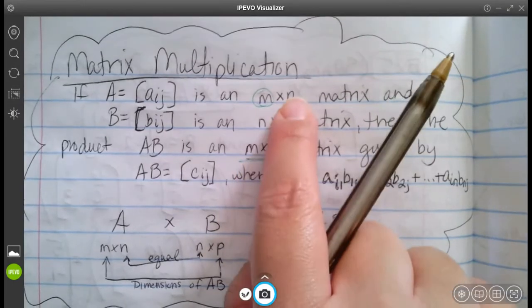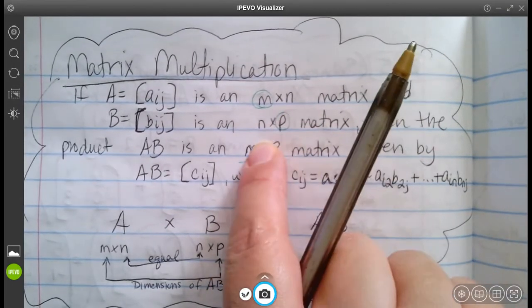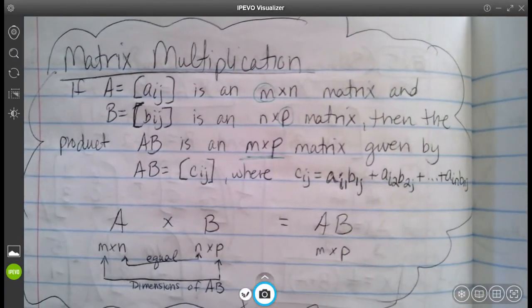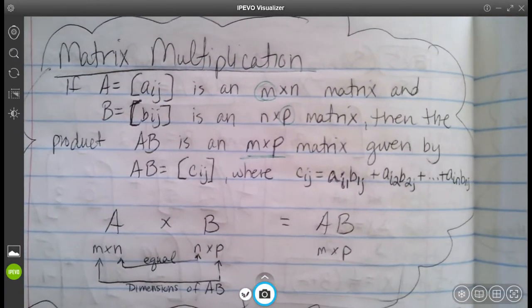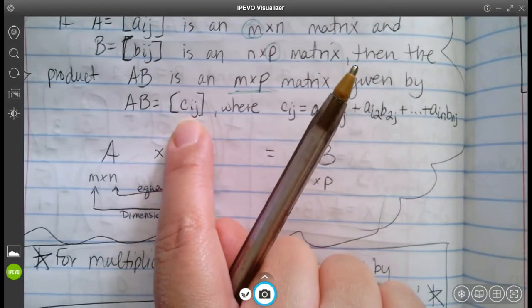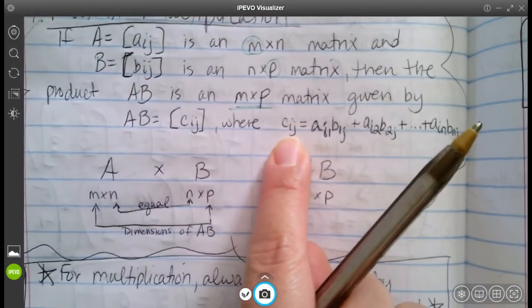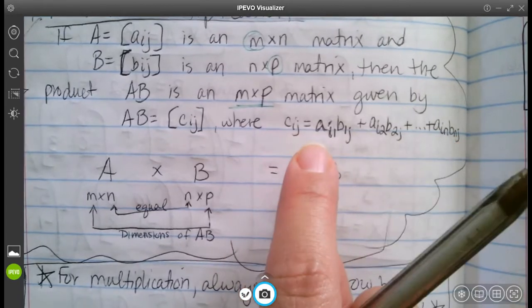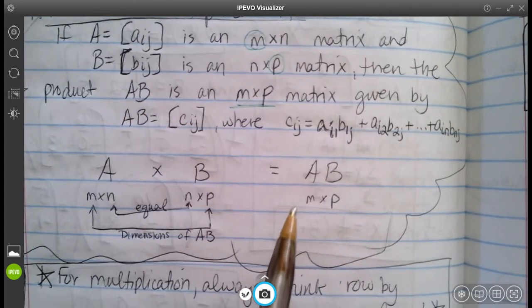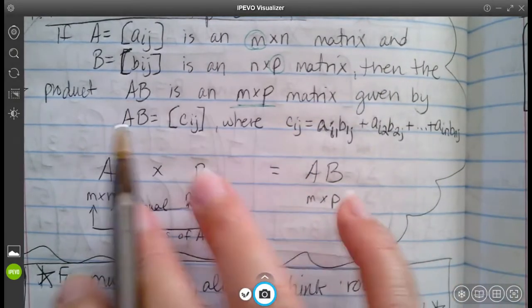The inner dimensions, so this dimension n and this dimension n, have to be the same for this to work. If we multiply this, we're going to get this brand new matrix, which we'll call C, where the entries are basically the row of one times the column of the other. I'm going to show you how that works just a bit.